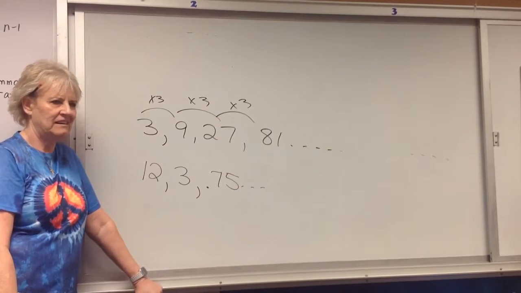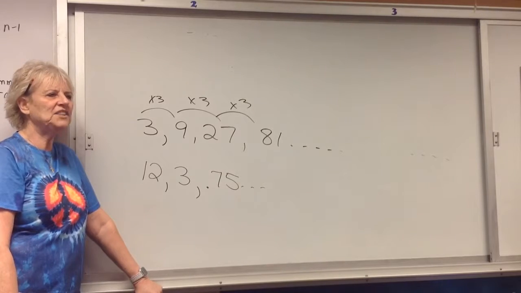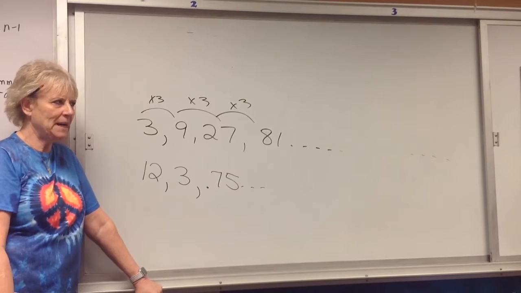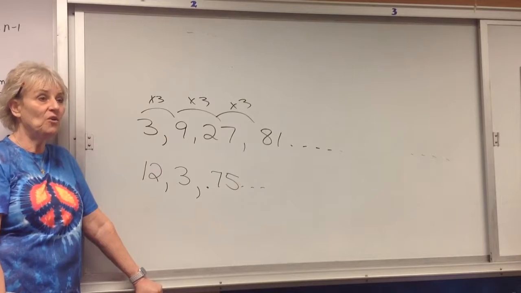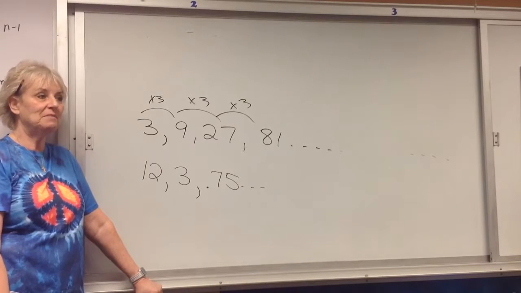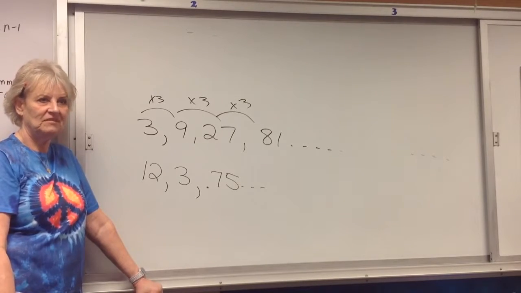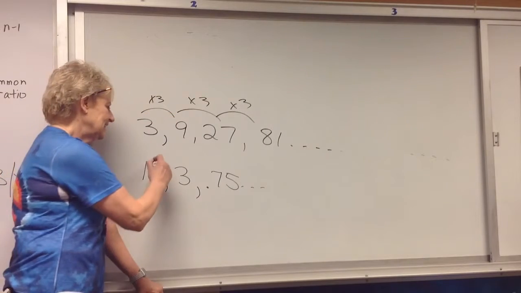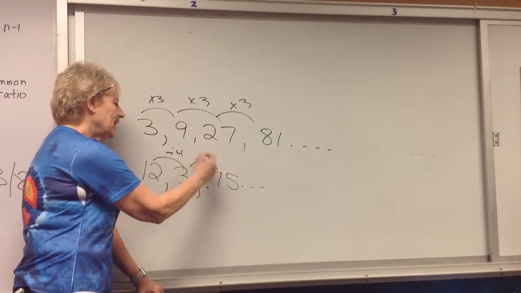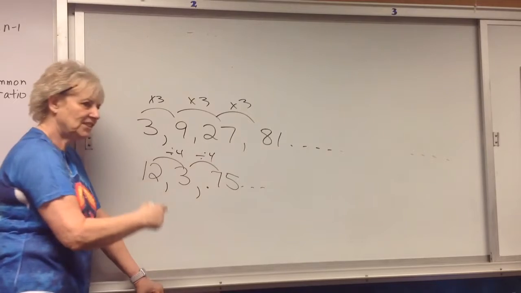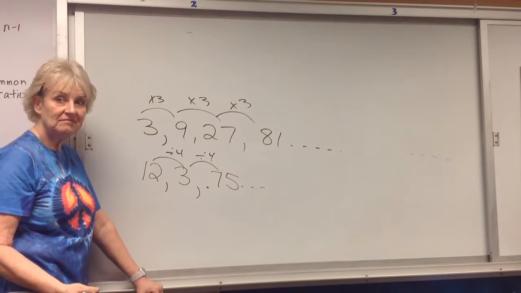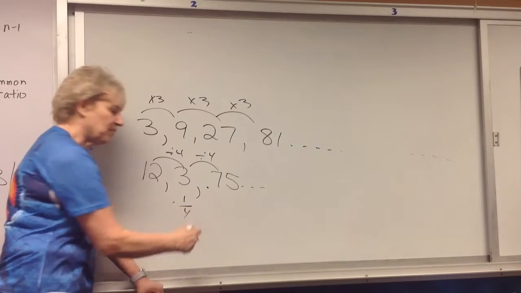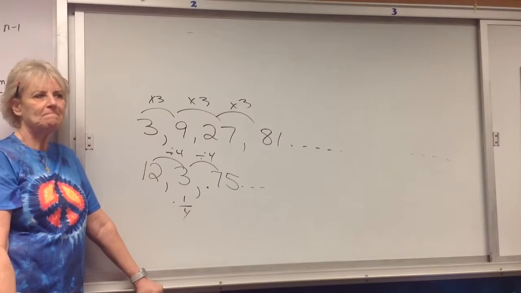It's divided by 4. What is it being multiplied by? You need to know what it's multiplied by. A fraction. Divide by 4 is times 1/4.